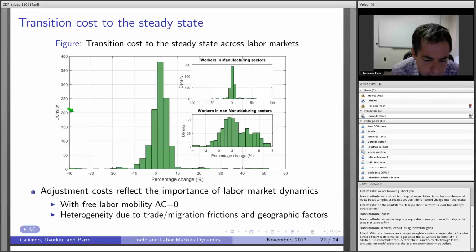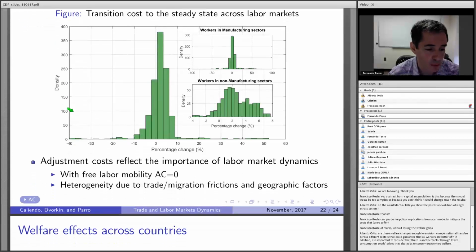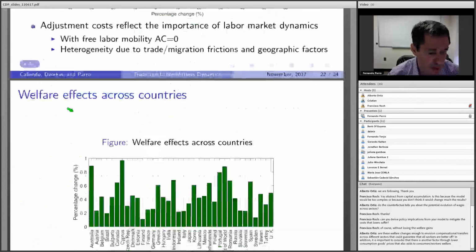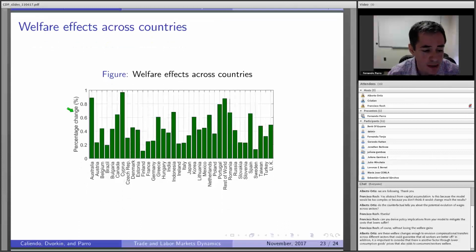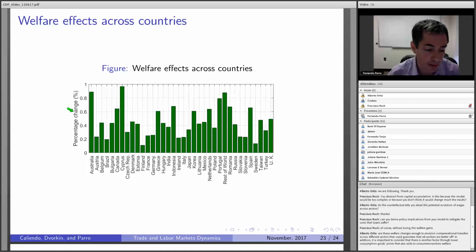What type of policy could help workers displaced from the manufacturing sector move faster? What type of policy could help the losers of the China shock, workers displaced from manufacturing who cannot insert immediately into a different industry? Those are all great questions to study in the future.